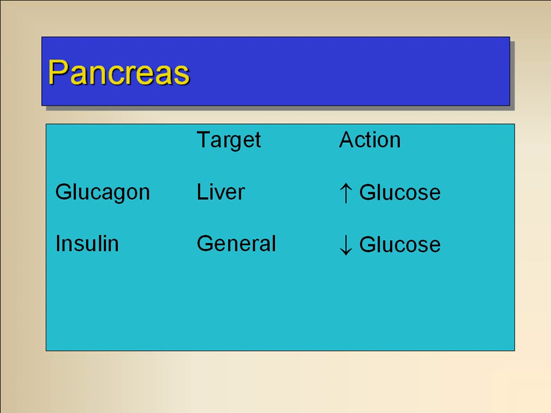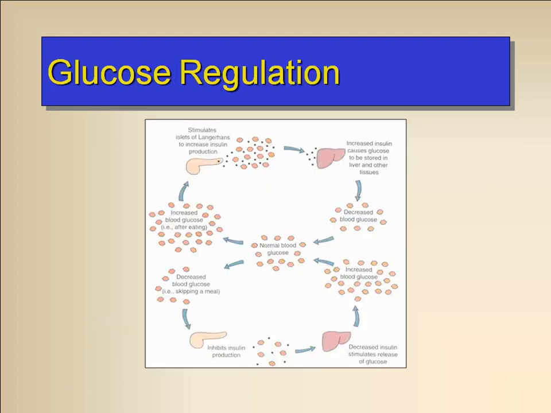Start breaking it down. So the target's typically the liver, but muscles would be a good one too. Insulin is basically systemic. Every cell's got to have that, with the exception of what organ that doesn't need insulin? The brain.